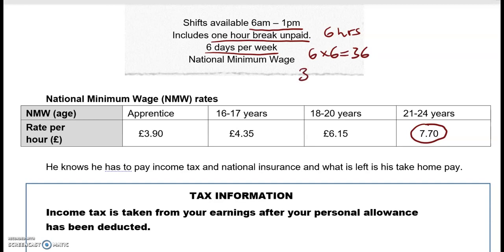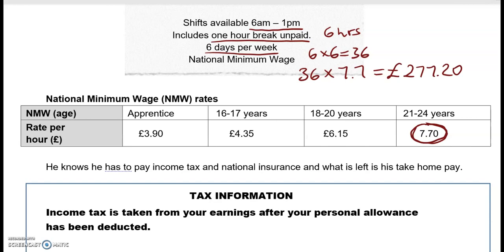So 36 times 7.7, which is pay per hour, that will give us pay per week, which is £277.20.